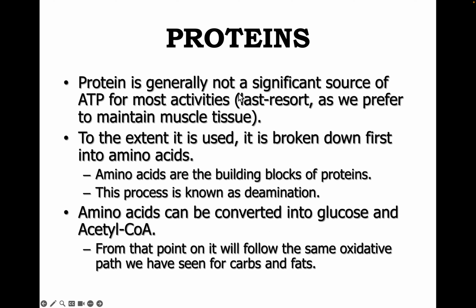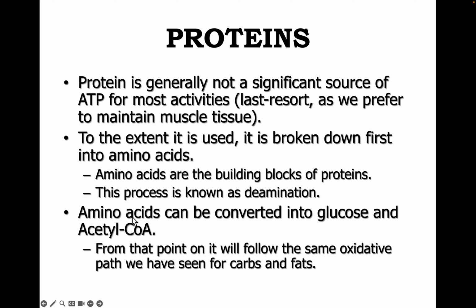If proteins are used in those extreme situations, they are first broken down into amino acids. Essentially, amino acids are like the Lego blocks, or the building blocks, of proteins. This breakdown of proteins is known as deamination. Amine kind of looks like amino, so deamination is the breakdown of proteins.